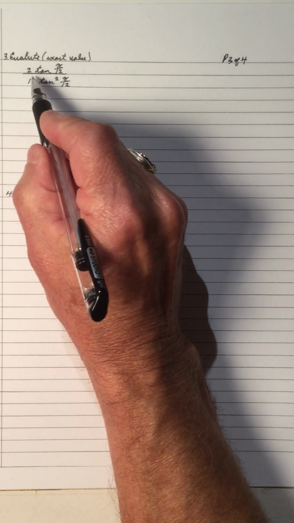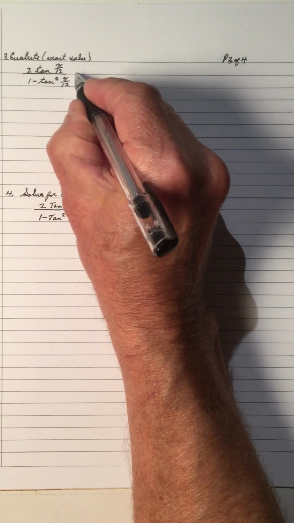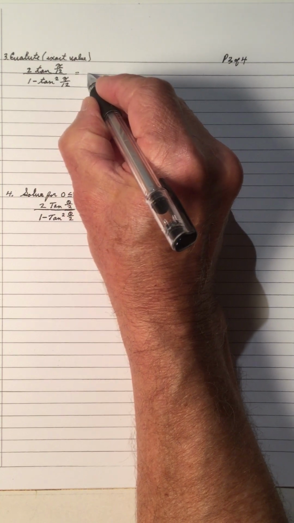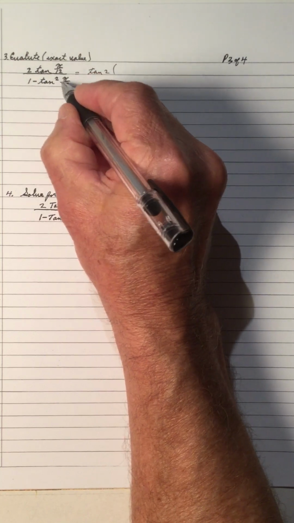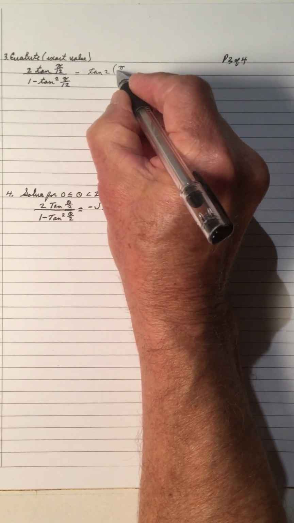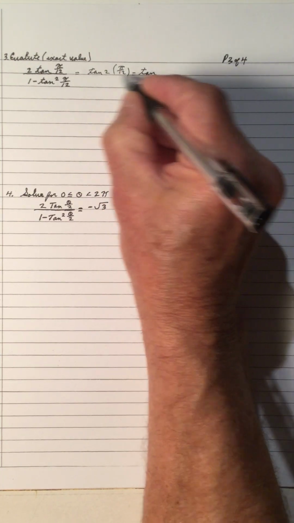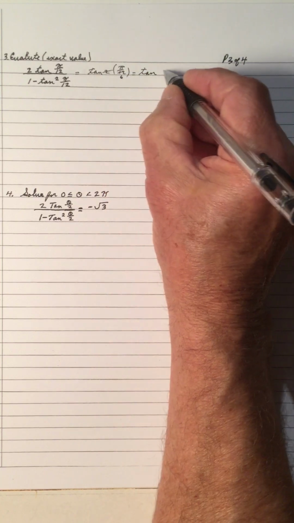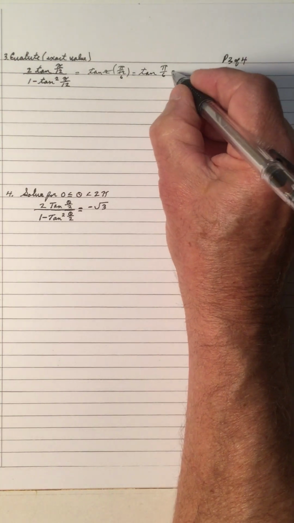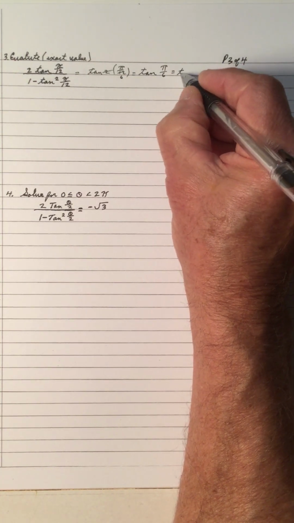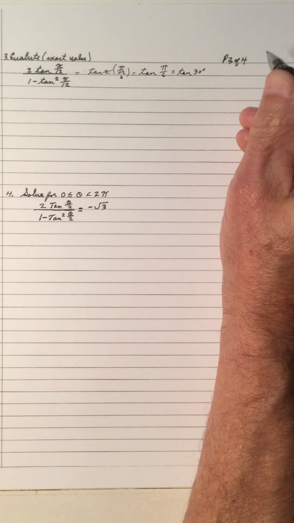If we use a calculator and do the pi over 12, notice that theta is pi over 12, so this is the tan of 2 times pi over 12. 2 cancels into 12 6 times, so that's pi over 6, and pi over 6 is 180 divided by 6, which is 30 degrees.